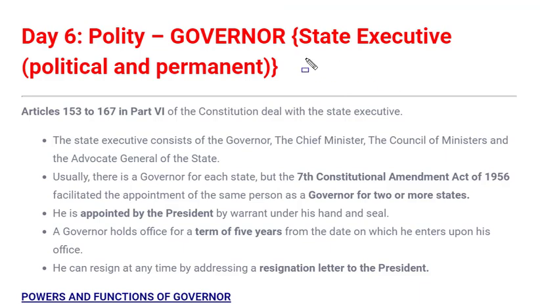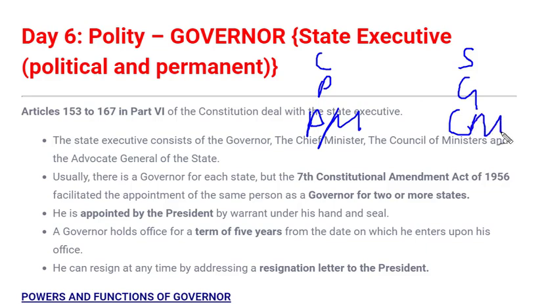So again I'm summarizing how it functions. Let's make a comparison here. This is central and this is state. Over here we had the head of the center, the president. Over here we have the head of the state as governor. We had the head of the council of ministers, that is the prime minister of the country, and at state level we have the head of the council of ministers, known as the chief minister of the state.